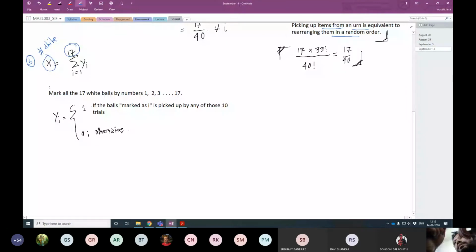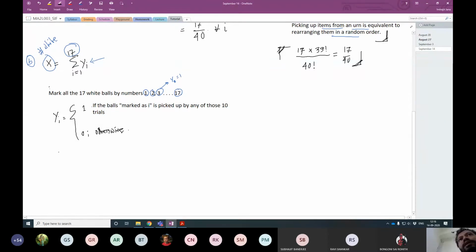Once you see the ball marked i picked up, you say that yi is equal to 1. For example, y3 is going to be 1 if the ball marked 3 is picked up in the trials. So you can count how many total white balls are picked up, and that's what I was saying: the total number of white balls picked up can be written as the summation of yi, i equal to 1 to 17.